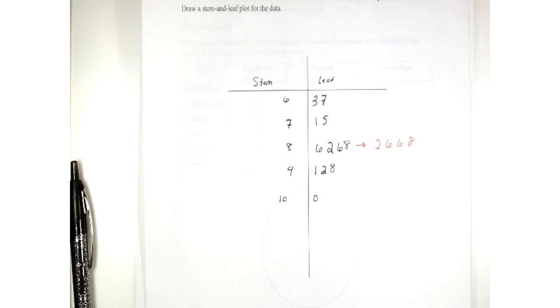Okay, you could also do this to look at the shape of the distribution. So you turn it sideways, and you can draw a curve over it. So what would you say about that one? You could say it's mostly symmetric, or you could say slightly right skewed.